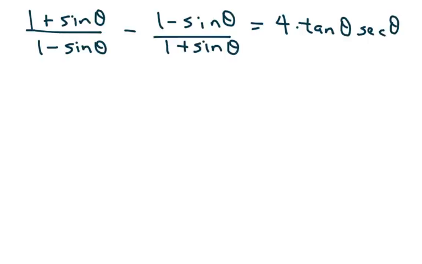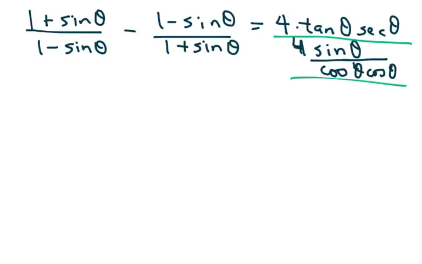And again, if you want to write that out, this would be 4 sine over cosine, and then this would be 1 over cosine as well. So this would be cosine squared, or I can just write cosine twice. Either want it to look kind of like that or like that.